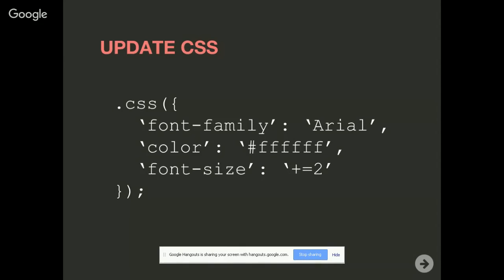Here is a really fun one called CSS. This is a really powerful method that allows you to essentially set any CSS property just by calling .css, and then you can pass any property and set it to a certain value from CSS. So it's very powerful. When would you use that?